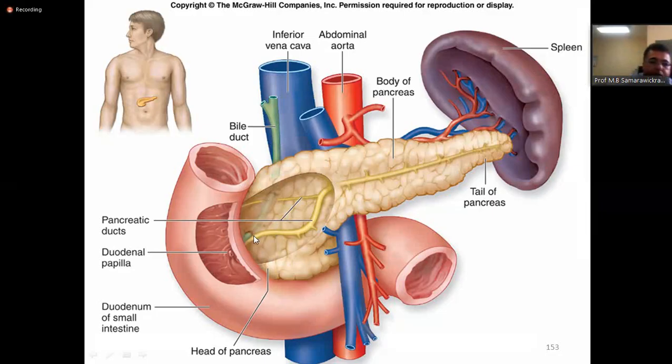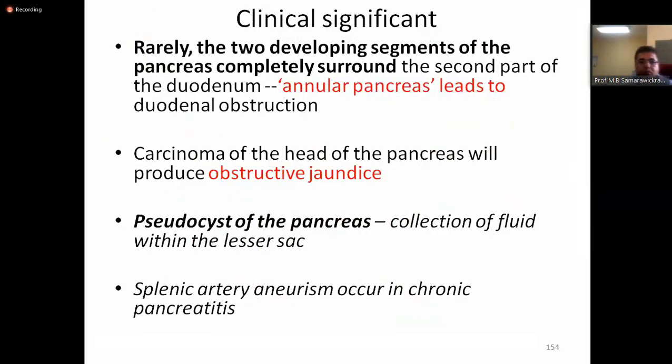For example, carcinoma of the head of the pancreas can obstruct the bile duct and result in jaundice. Similarly, gallbladder stones can pass to the common bile duct, can obstruct at the duodenal papilla, block the pancreatic duct and result in acute pancreatitis like this. Right. So this intimate relationship you have to know.